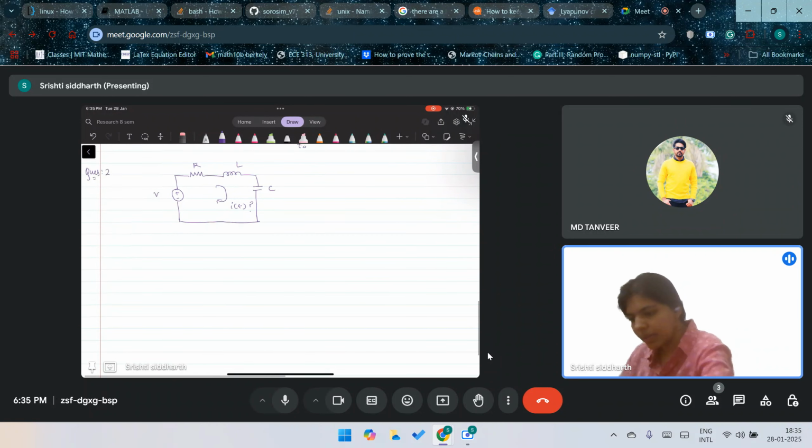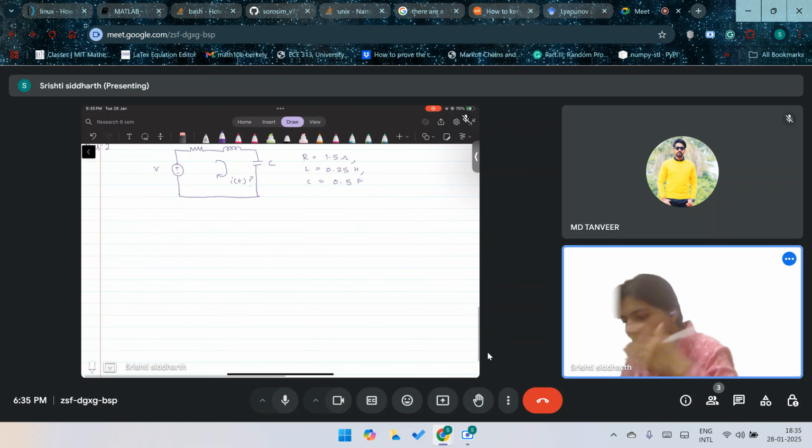Okay, so the parameters are, the resistance is 1.5 ohms, L is 0.25 henries, and capacitor is of 0.5 farads. The input V is 3 volts.